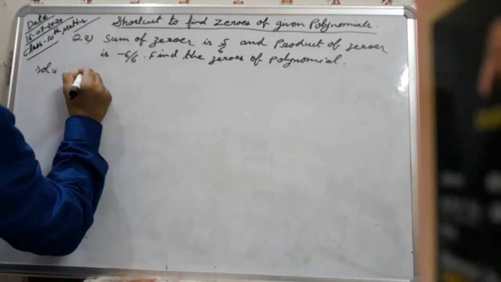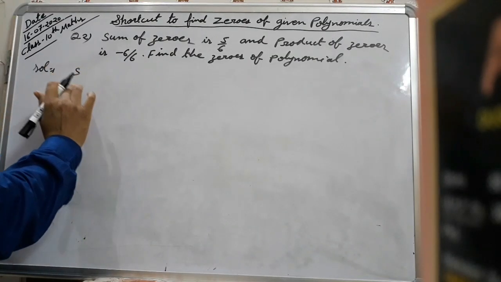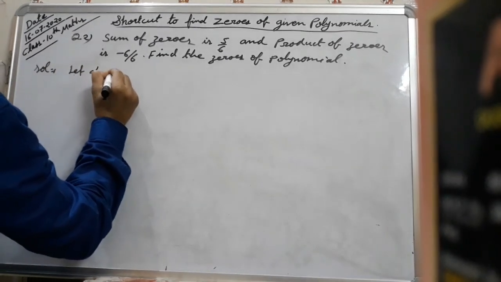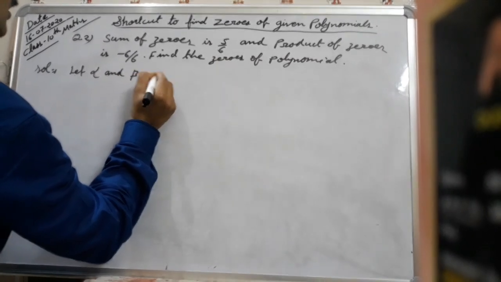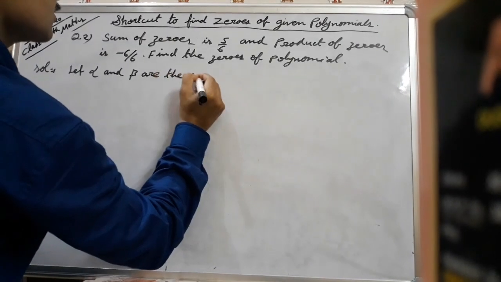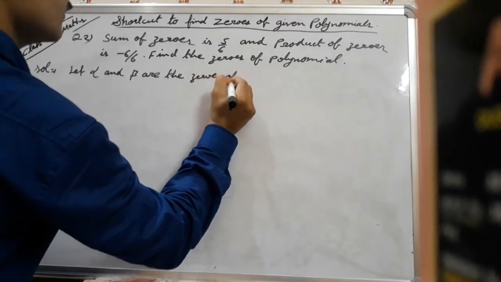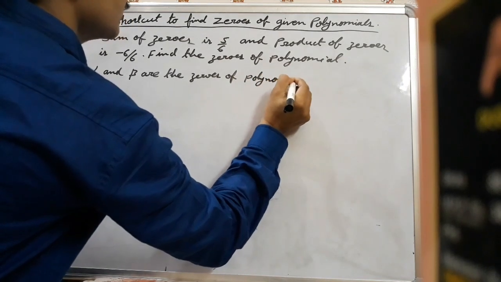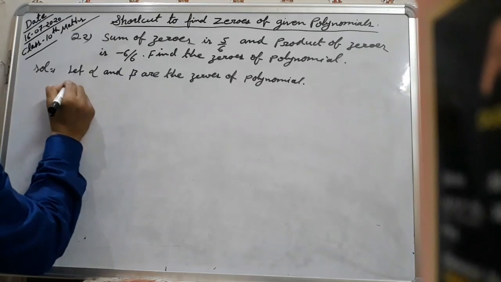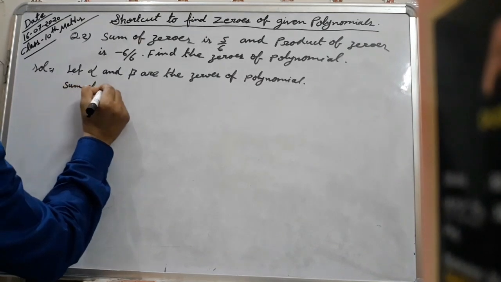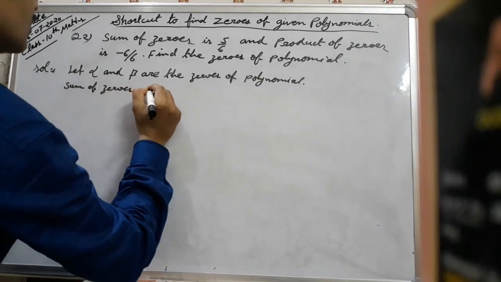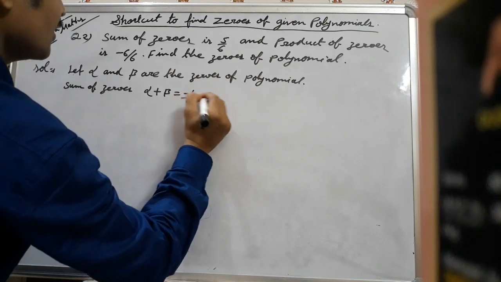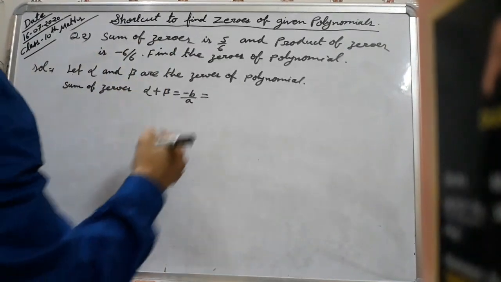First we will write: let alpha and beta be the zeros of the polynomial. Then sum of zeros, alpha plus beta, is equal to minus b by a, and what is written here?